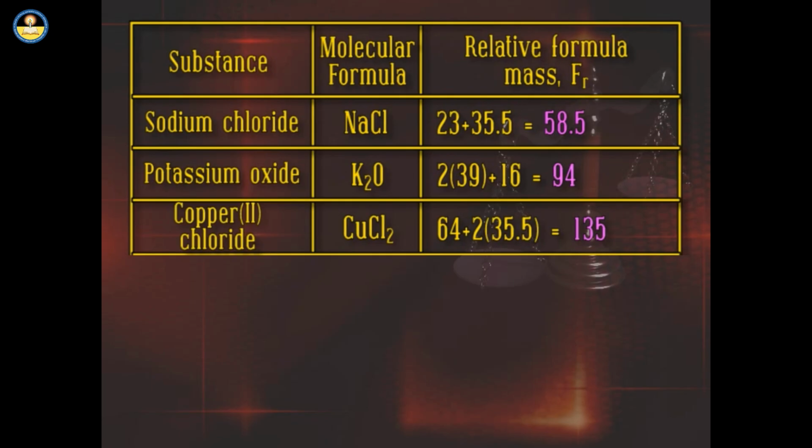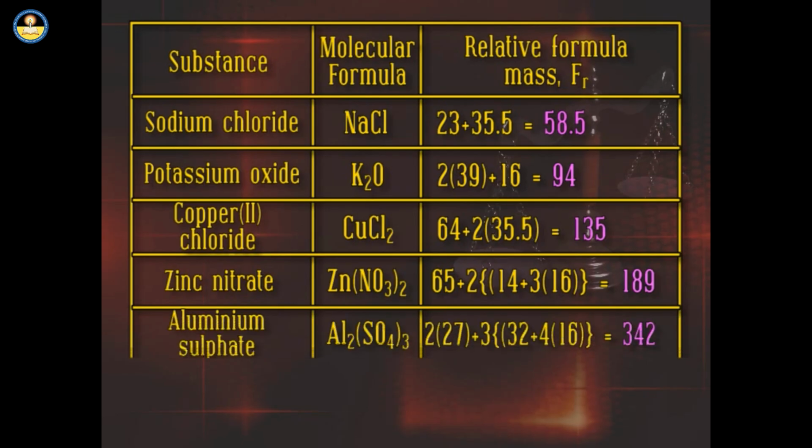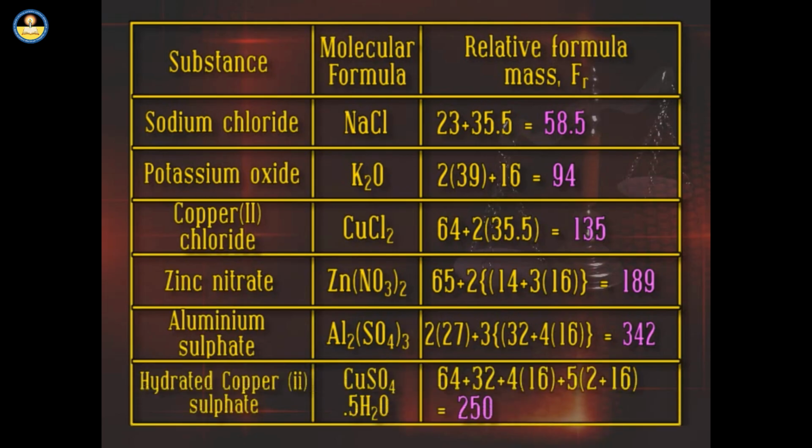Copper chloride has a relative formula mass of 135. Zinc nitrate, the relative formula mass is 189. Aluminium sulfate, the relative formula mass is 342. Hydrated copper sulfate, the relative formula mass is 250.